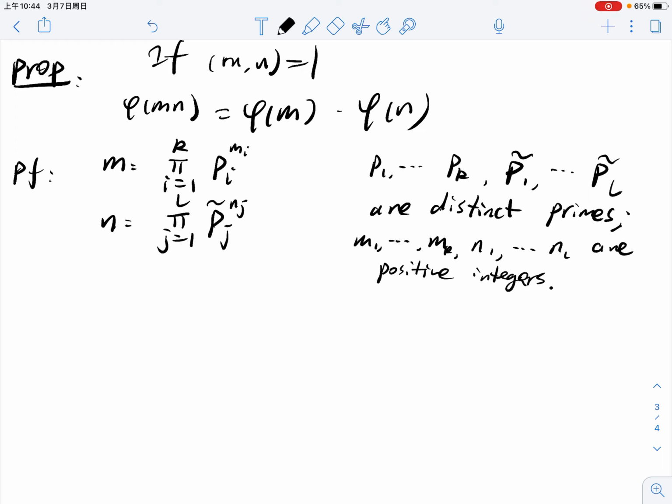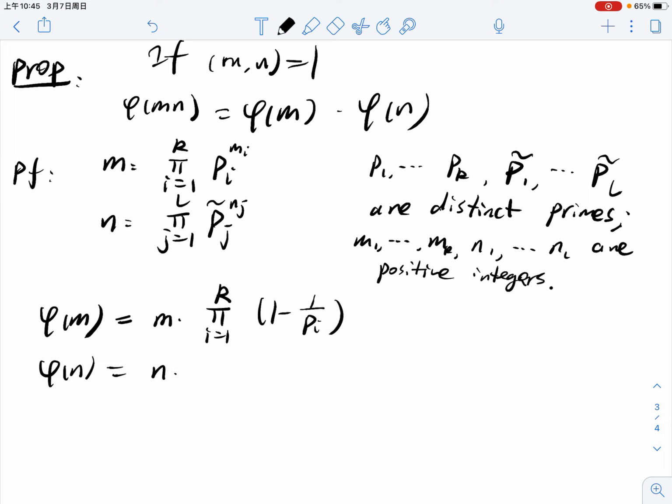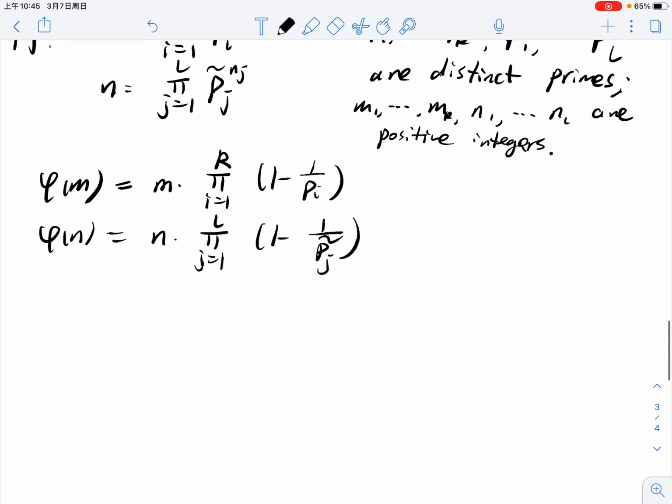Okay, then we can directly apply the previous formula: phi m is just m times the product for i from 1 to k of 1 minus 1 over pi. Phi n is n times the product for j from 1 to l of 1 minus 1 over p theta j.